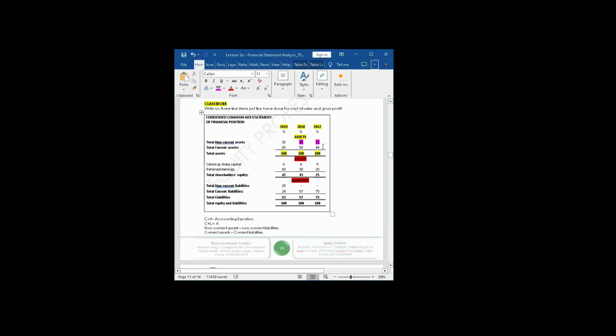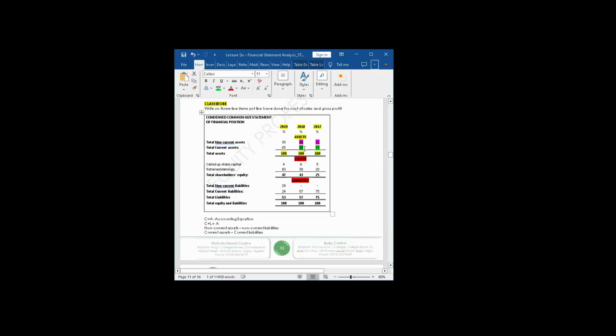Now, if you look at the current asset, you will see that the current asset, on the other hand, increased. Does that mean that the company sold off some of its non-current assets in order to have what?